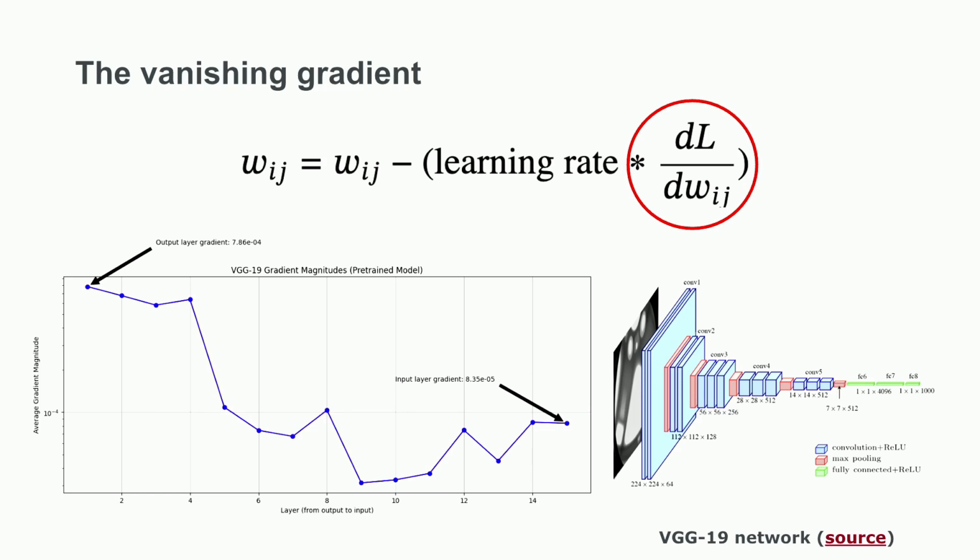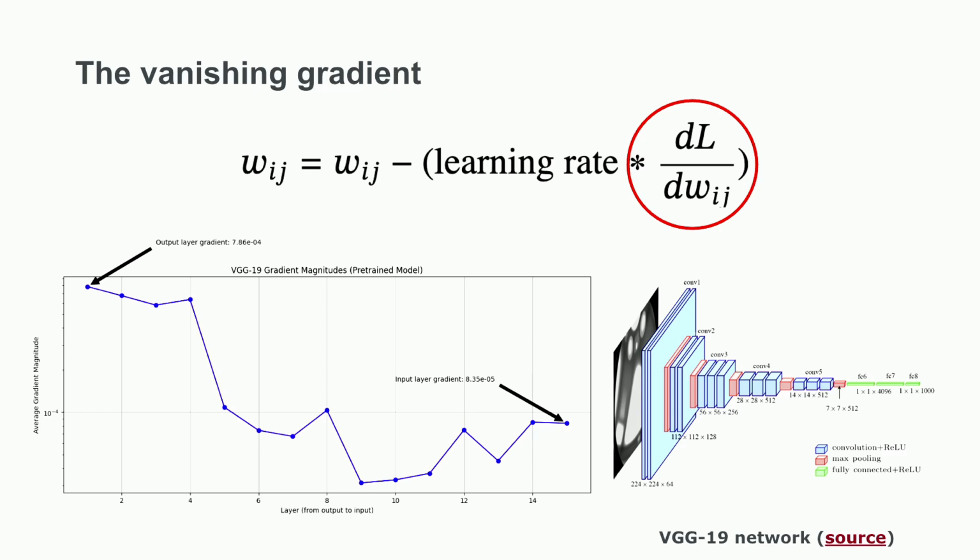The graph demonstrates this problem in VGG19, a very famous classification model. Notice that the gradient magnitude drops to nearly 90% from the output layer to the input layer, meaning that we're losing most of the gradient signal when we arrive at the input layers. The VGG19 architecture shows why this happens.